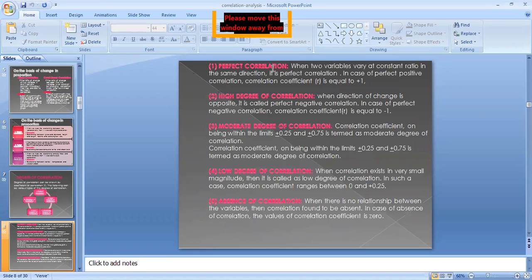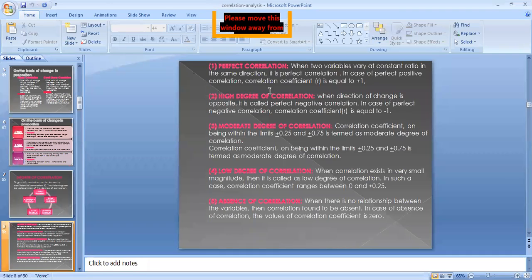Now, perfect correlation. What will it be when two variables vary at a constant ratio? That means the change will be constant in the same direction; it is perfect positive correlation. In this case the correlation coefficient R must be plus 1, and for perfect negative correlation the value will be minus 1.